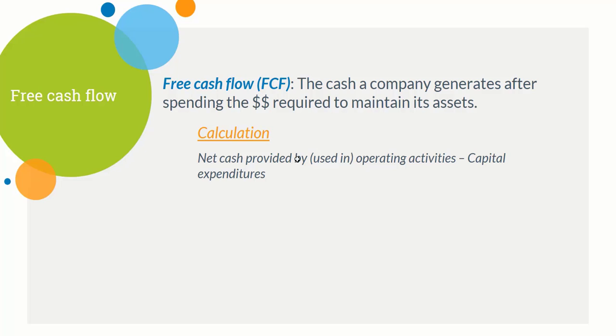Well, we don't care about the investing or financing activities because those have to do with raising money and paying down debt and things like that. What we care about is the cash from operating activities. And then we subtract out capital expenditures, because CapEx is what it takes to maintain our asset base. So that is the calculation for free cash flow.